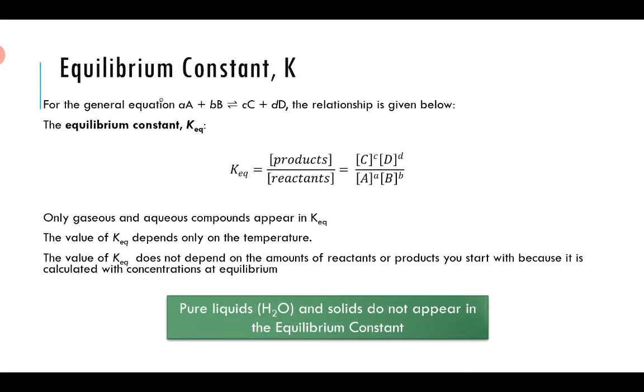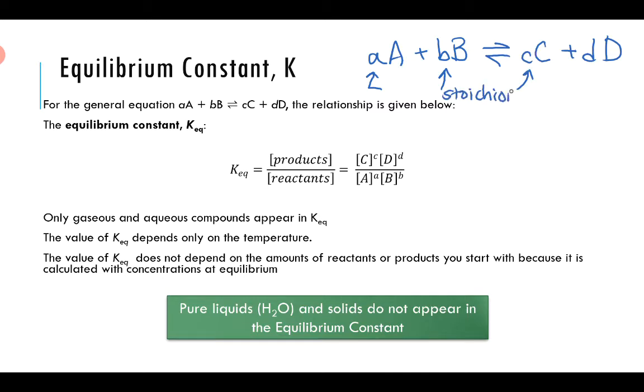So we have a general format for a chemical equation. If we have this general formula of aA plus bB goes to cC plus dD, where these little lowercase letters are stoichiometric coefficients for the bigger uppercase letters, then we're going to write our equilibrium constant, which is abbreviated KEQ.